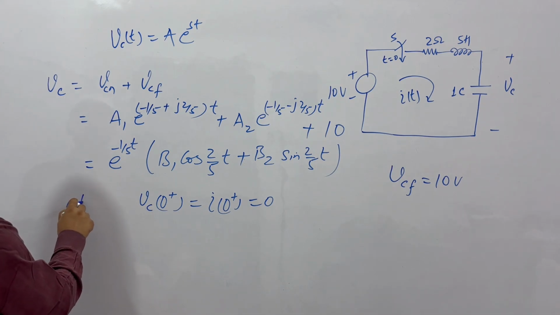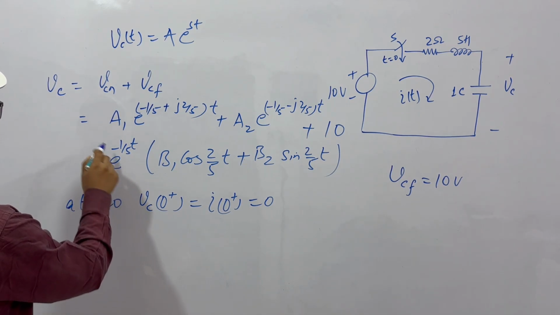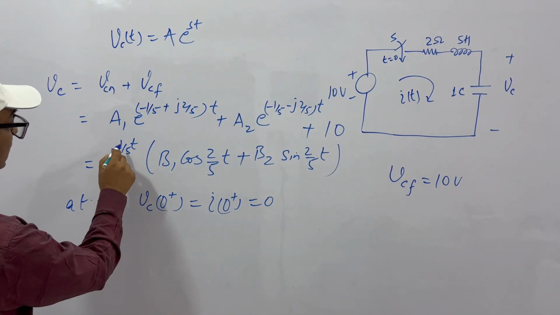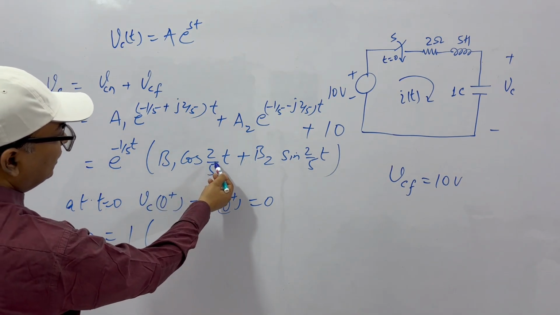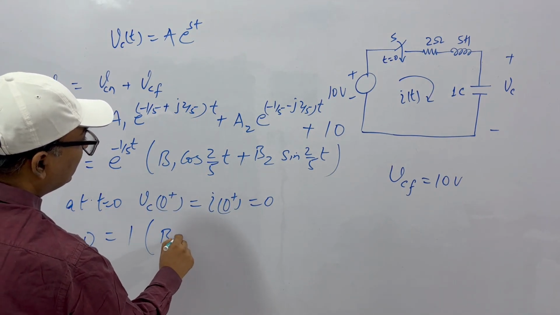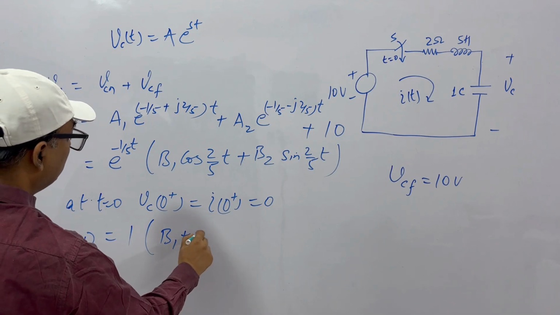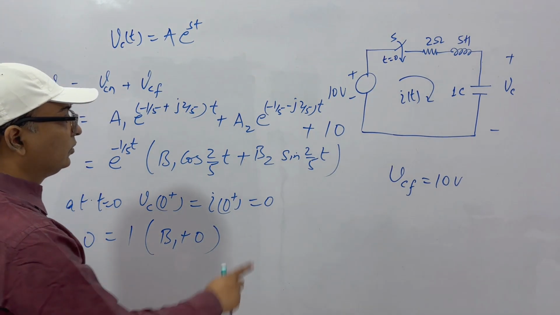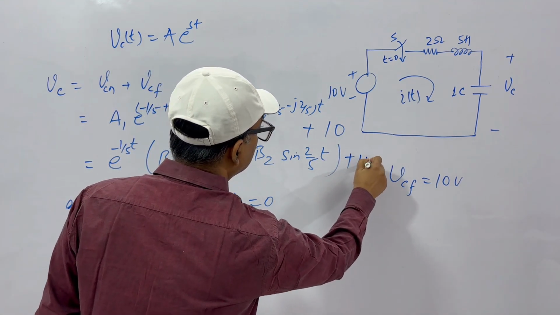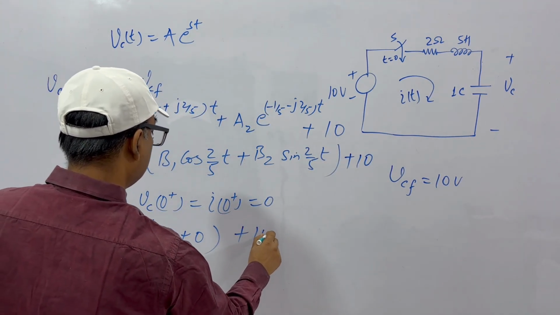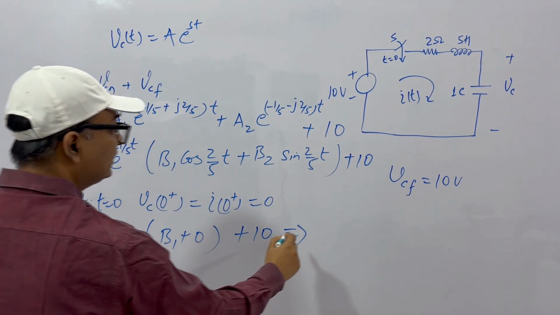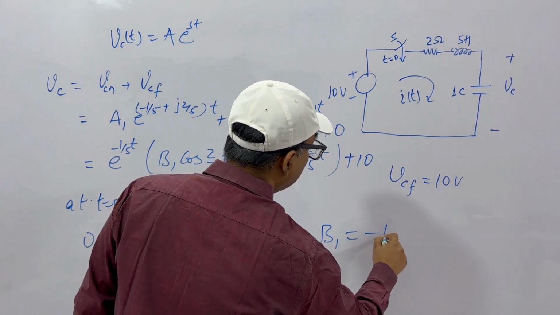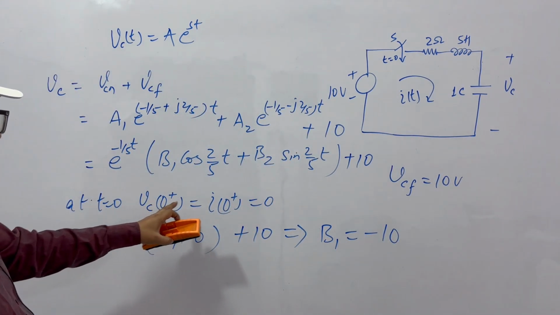At t equal to 0, this exponential is 1, cos 0 is 1, so b1, plus sin 0 is 0. We have missed one thing, this plus 10. So from here you get b1 is equal to minus 10. Clear? I have put this condition.